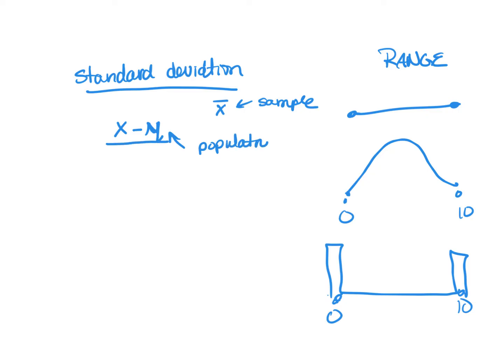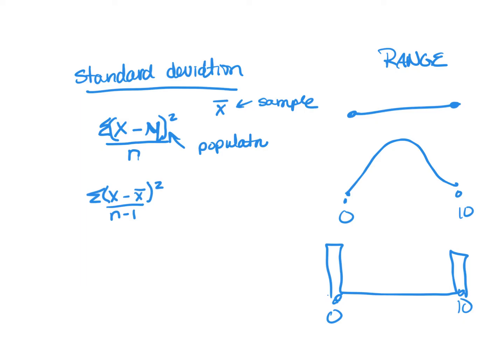Then we divide by our sample size. If we're working with a sample to make a better estimate, we divide by our sample size minus 1. We take each of these points and we add them up. We square the differences, right? And then we divide.